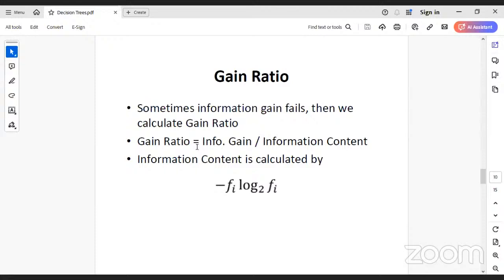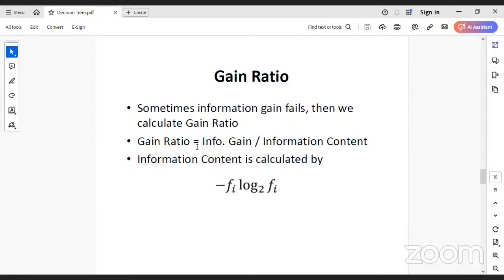Information gain was suffering from a problem: if a particular column has a larger number of unique values or categories, then that column used to get a higher information gain. The higher information gain column or attribute will be the root node.